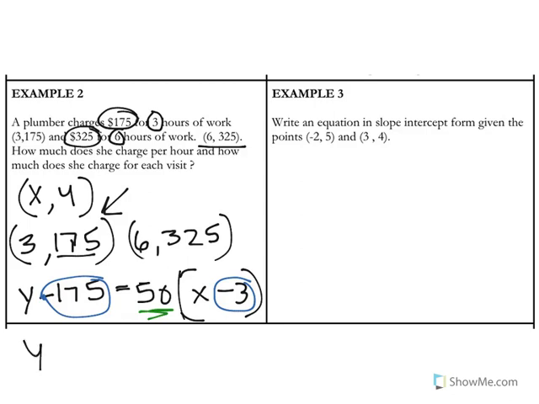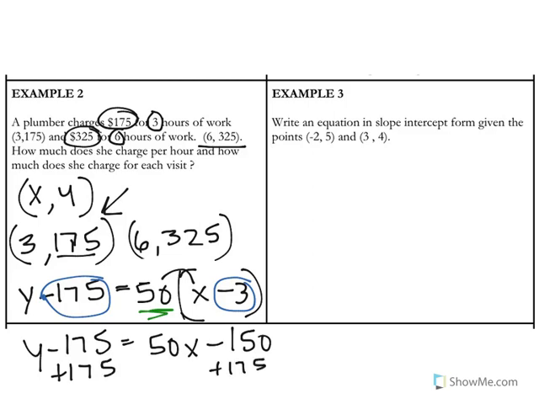So I would say y minus 175 equals 50x, because this would multiply, and then minus 150. Then I would add 175 to both sides. And wow, look at that. I would get 50x plus 25.